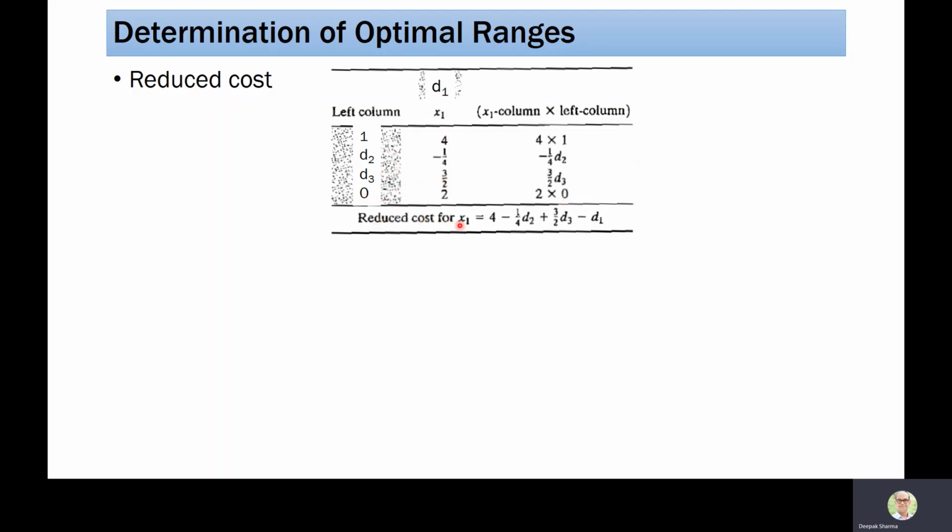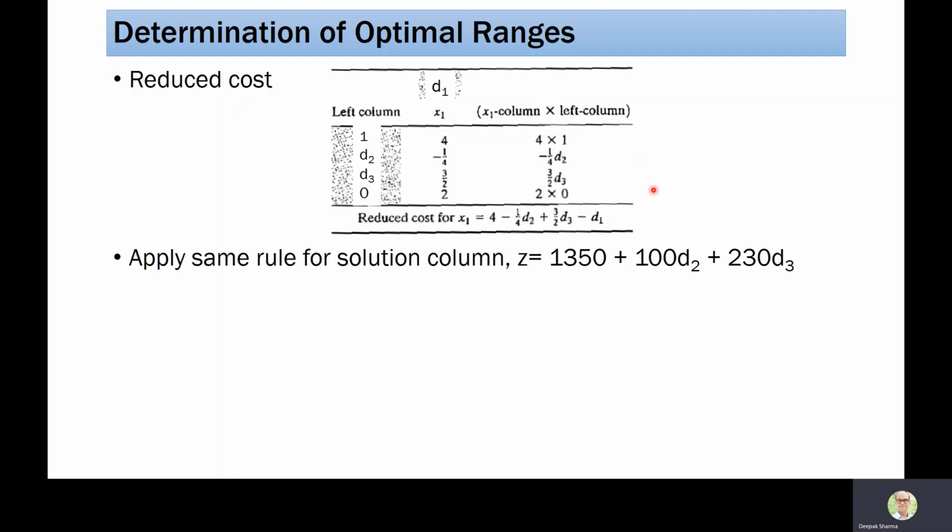So what is the reduced cost? Reduced cost is how much we have consumed. We have consumed 4 minus 1 by 4 D2 plus 3 by 2 D3, minus what is the revenue? We are going to get a revenue of D1, and this is the reduced cost of X1.